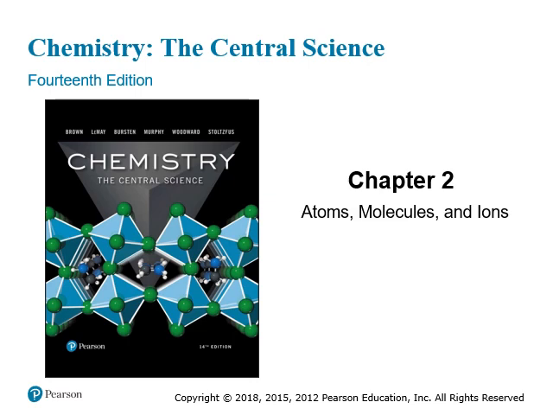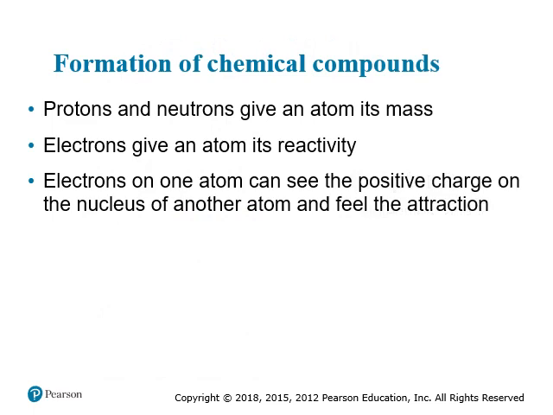In our final lecture of Chapter 2, we're going to discuss the nature of ions and molecules and how electrons play an important role in chemical behavior. We've talked about the nature of the makeup of an atom.